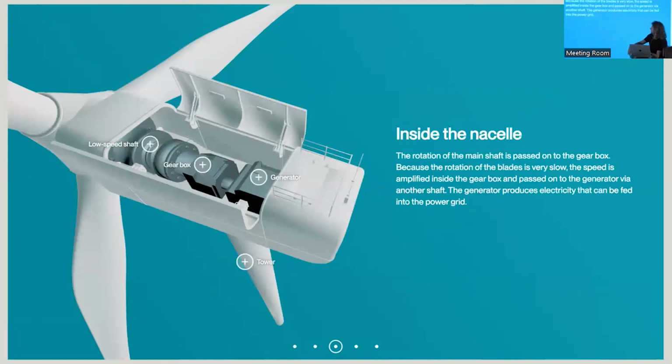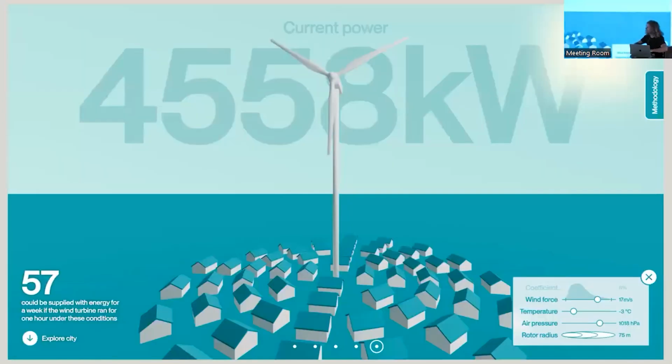The project has page-wise scrolling, and it explains how a wind turbine works. But in the end we also built a small tool inside of the website where you can see different parameters which you can affect, and then you see how much energy a wind turbine can produce.